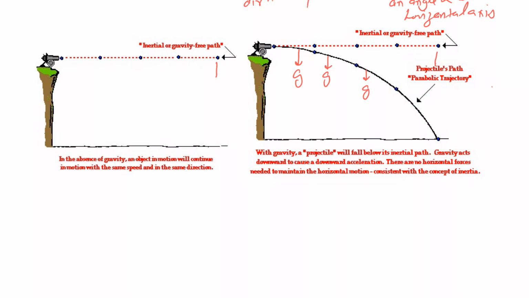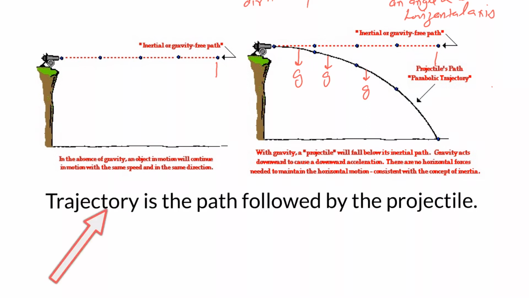Next we will see the definition of a trajectory. Trajectory is the path followed by the projectile. Like from here the cannonball was shot and this is the path followed, so we can say that this is the trajectory of the projectile.